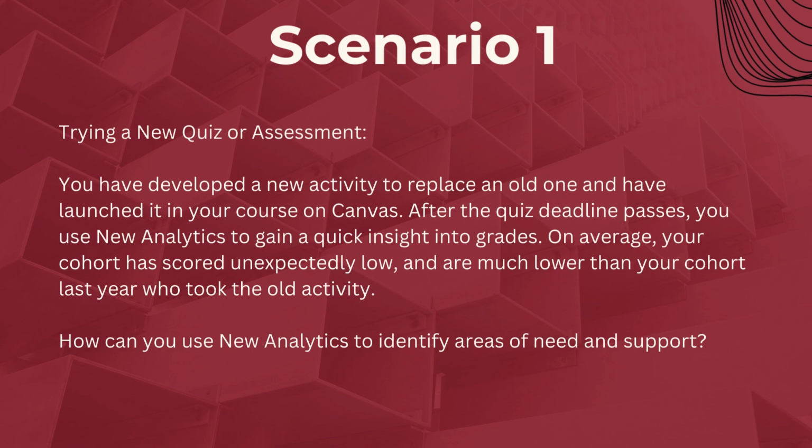On average, your cohort has scored unexpectedly low and are much lower than your cohort last year who completed the old activity. How might you use new analytics to identify areas of need or support? Feel free to pause here and look back at today's tutorial for ideas and inspiration.